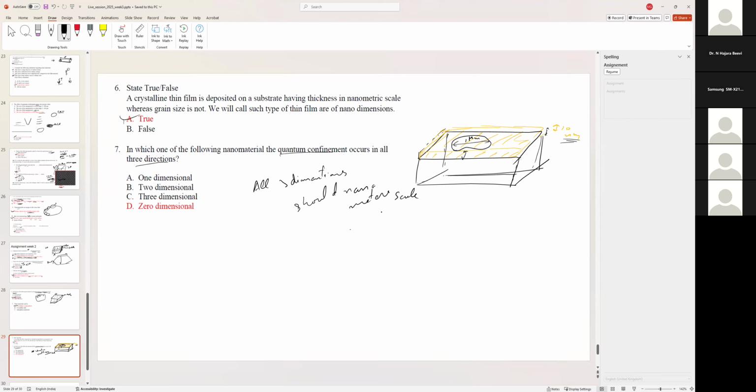So all three dimensions are in nanometer scale. You get a 0D material, 0D.